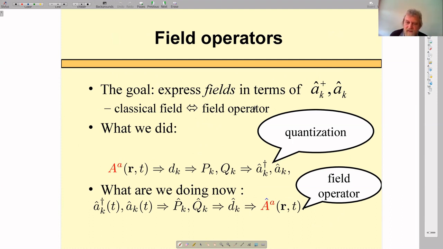Let me talk about field operators. Why do we talk about this? Why do we pay attention to this? The problem is that quantization is the same for all operators, for all examples, for all field theories we just studied.